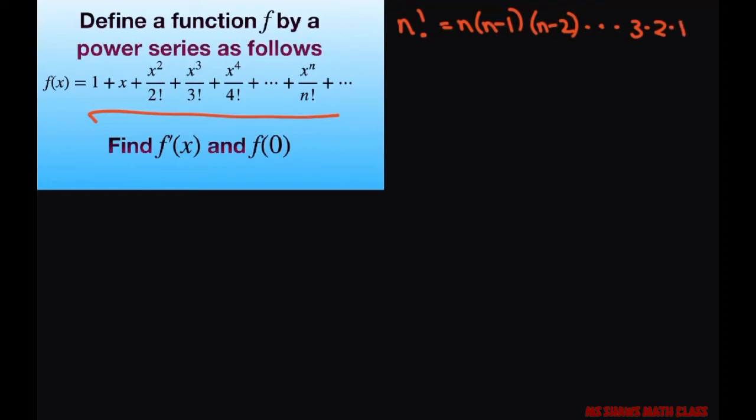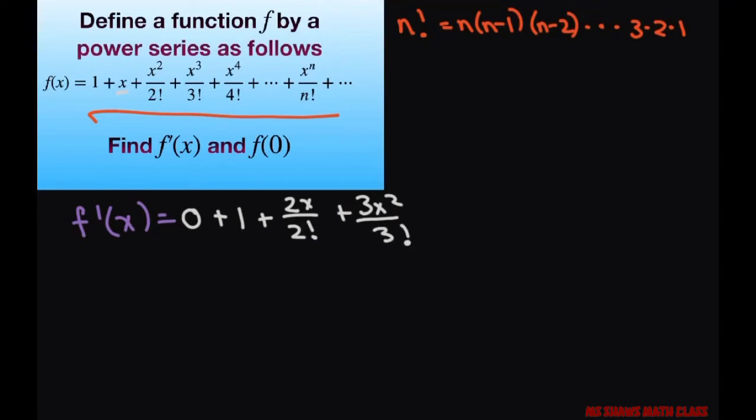So basically, when we differentiate our function, we're going to get, let me use a lighter color, the derivative of 1 is 0, plus 1, plus the derivative of x squared is 2x divided by 2 factorial, plus 3x squared divided by 3 factorial and so on.